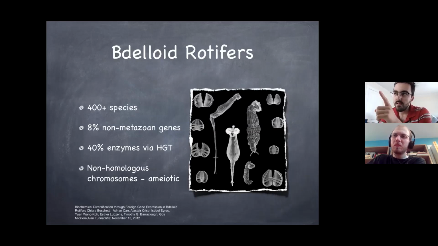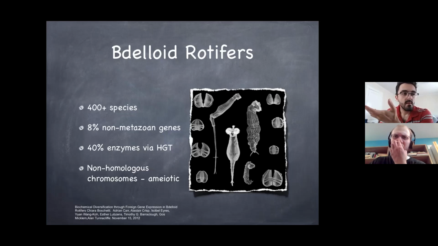But these lovely ladies are Bdelloid Rotifers. And they are probably the most prolific and promiscuous horizontal gene transfers, I guess they're acceptors of DNA that's known so far in biology, actually.